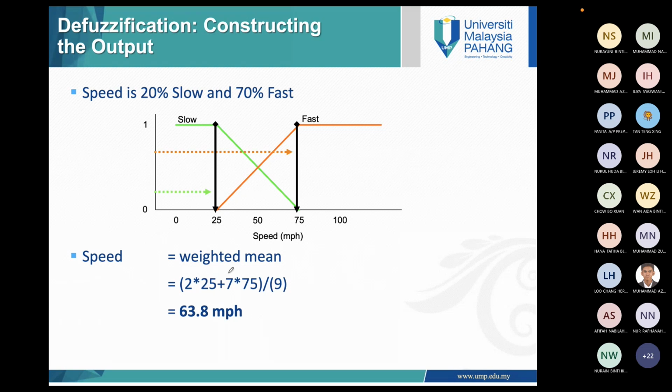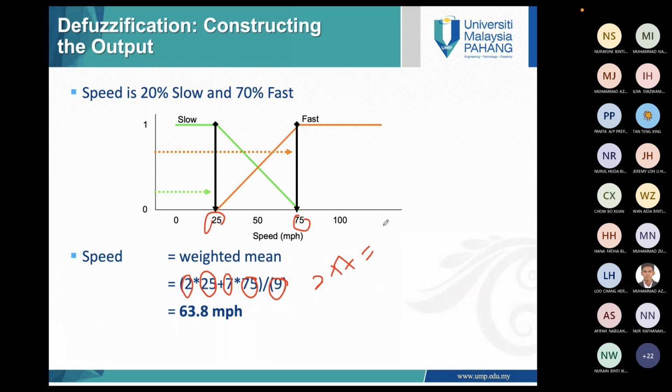It is the value that represents, in the graph, 2 for 20% and 7 for 70%. 25 is from this graph, 75 is from this graph, and 9 is 2 plus 7.